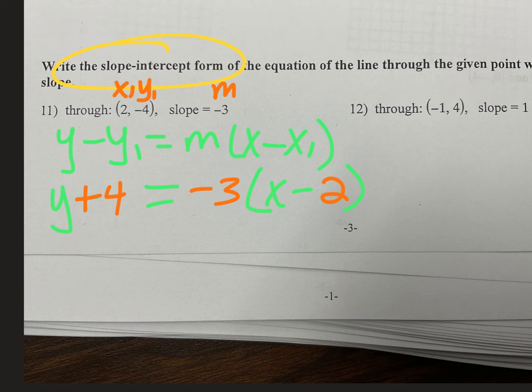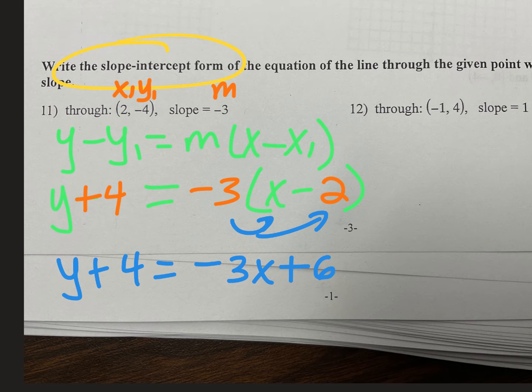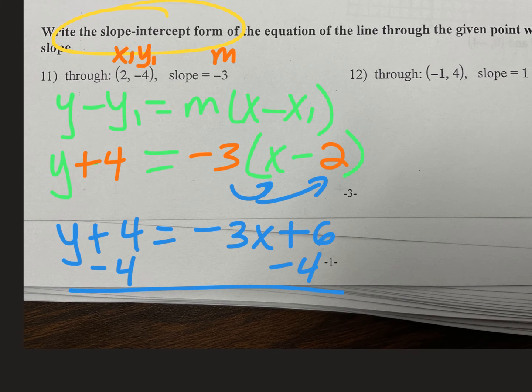You got to do your distributive property to get rid of those parentheses. So -3x plus 6. And then we need to get the y by itself by doing a -4 on both sides. So the slope-intercept form of this is y equals -3x plus 2.